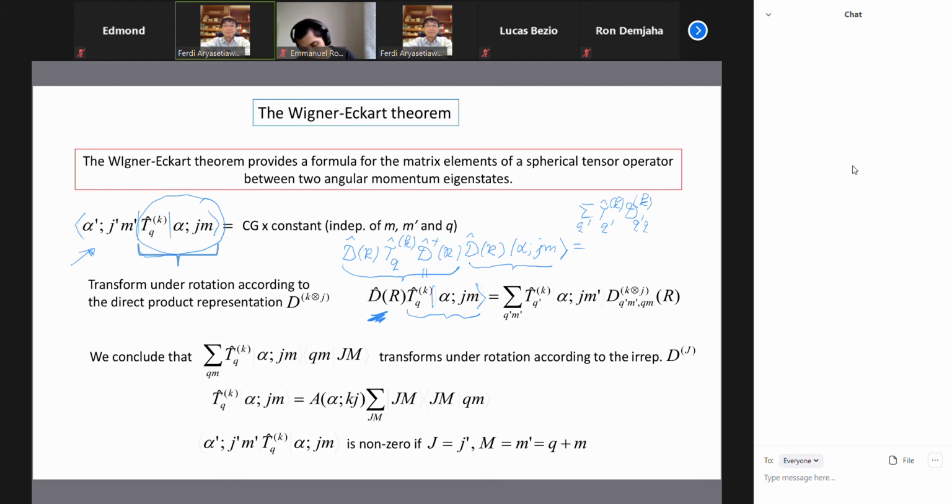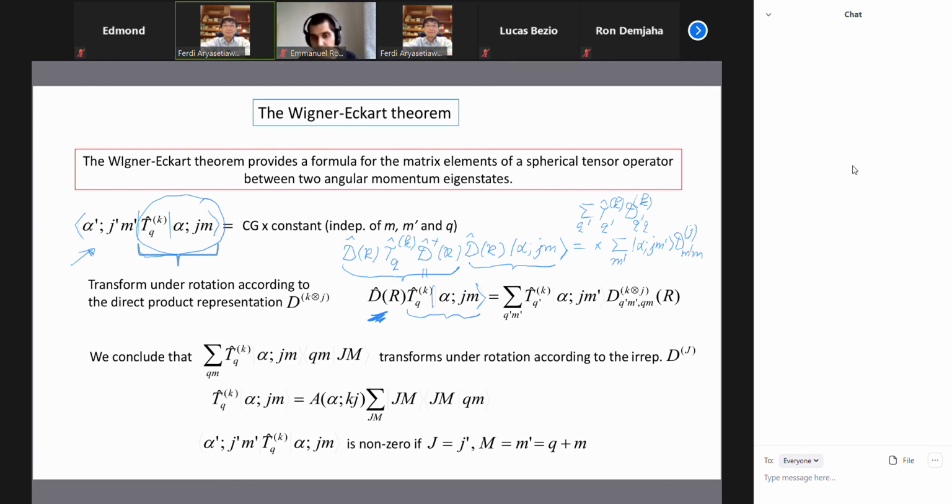So that one we know also. We multiply this by sum over m prime, alpha j m prime, d^j m prime m. That is just the transformation of the angular momentum states under rotation.